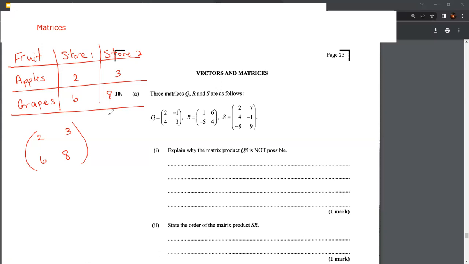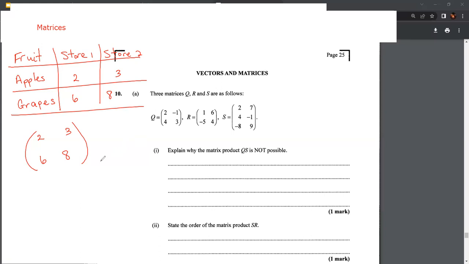All right, so with matrices, you can add, you can subtract, you could multiply matrices. So we can add, subtract, and multiply matrices.